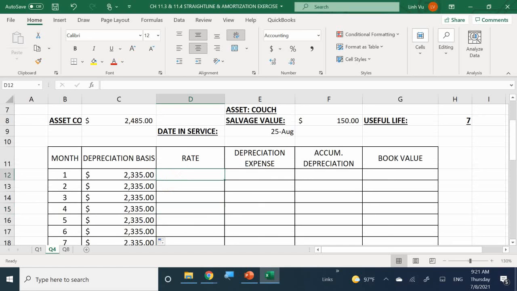And what is the rate again, you said, Nathan? I got 0.143. It should be 0.1428. So in this context, we need to round our expenses to the nearest penny, but we're going to keep the rate as not rounded.